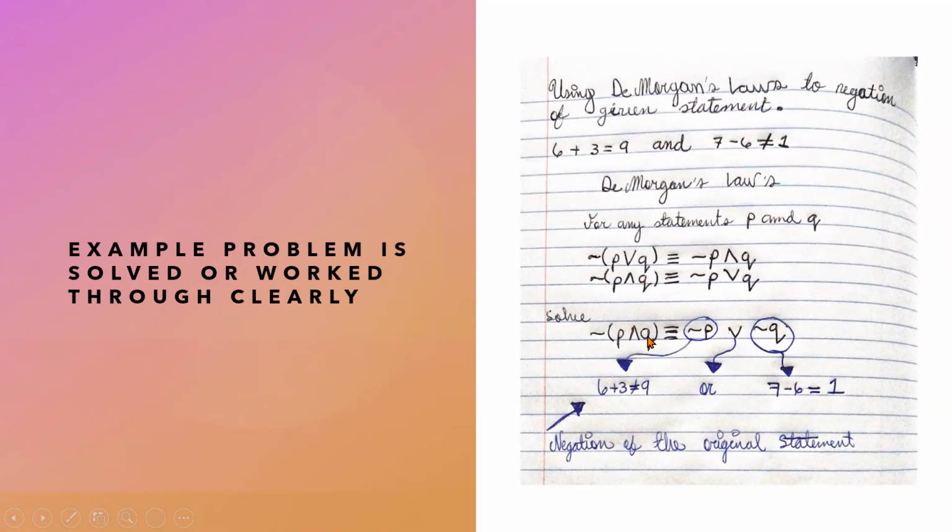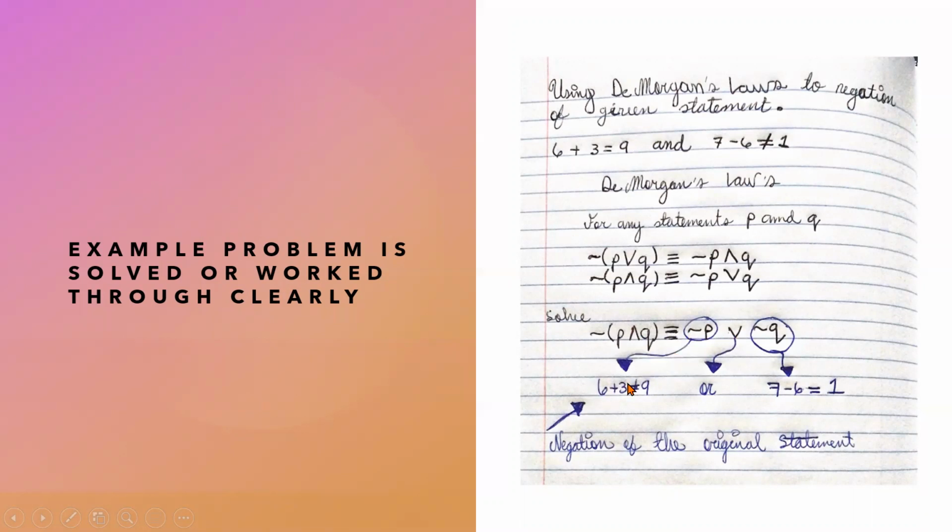In the previous example, we were using A and B. In this one, we're going to be using P and Q. Therefore, the solution of it will be P union Q, which will be here.